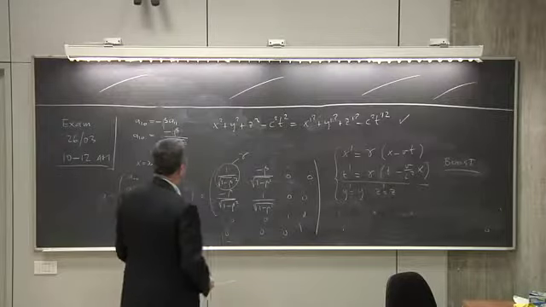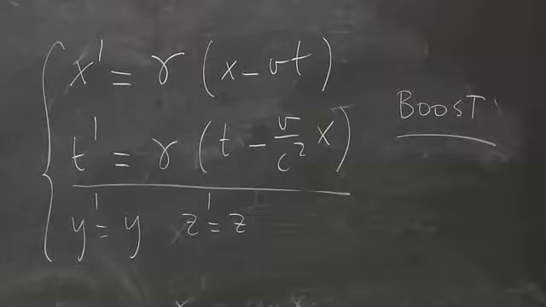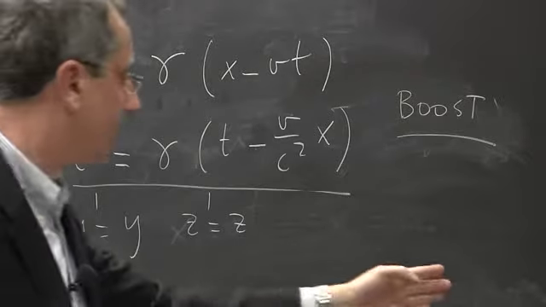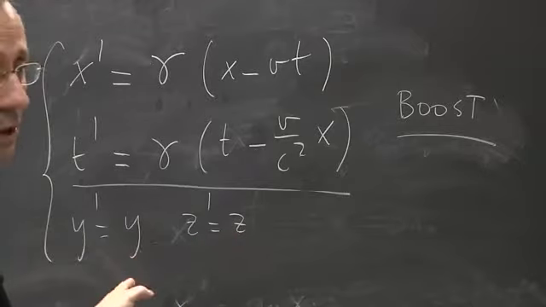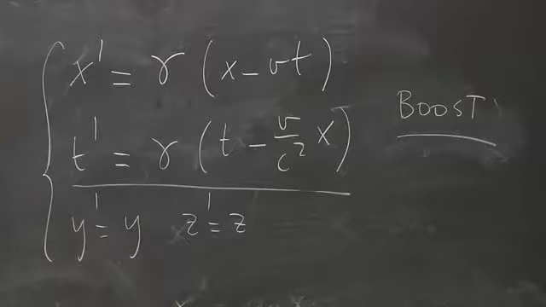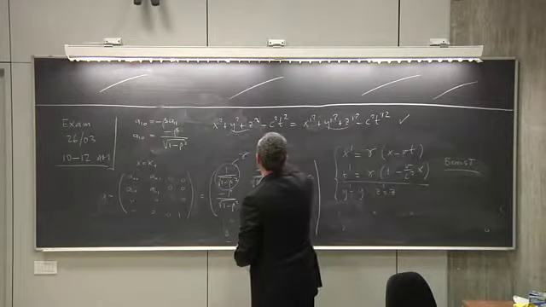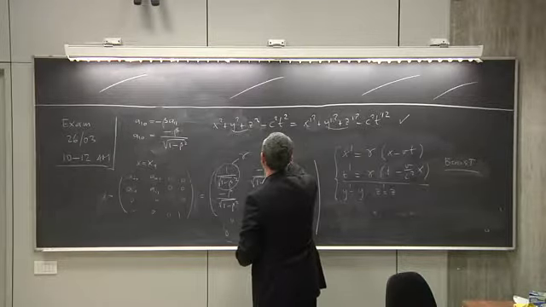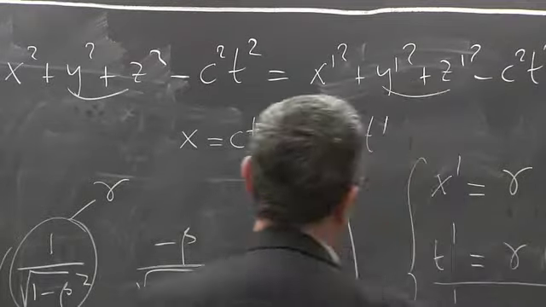Now you can convince yourself that these transformations are correct for the case of the wave. In fact, for this very simple case in which we are boosting in the x direction, that is, the velocity is all in that direction, these are left unchanged. So let's assume that they are at the origin and they remain at the origin. So this part is just 0. Then you see that the wave condition is simply that x is equal to ct and x prime is equal to ct prime, right?